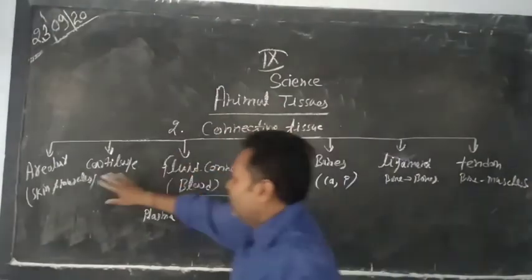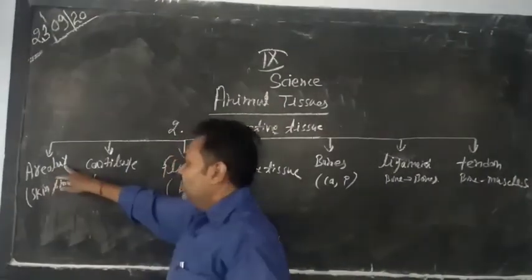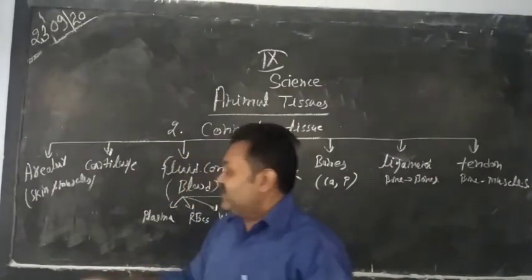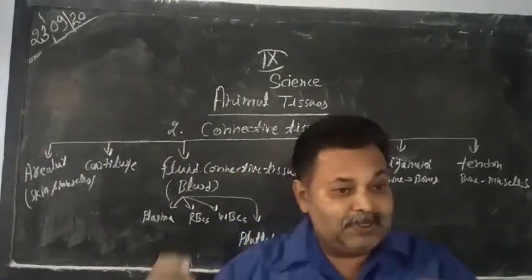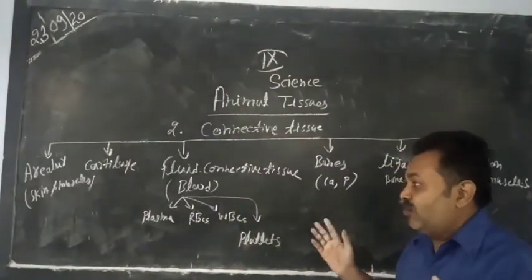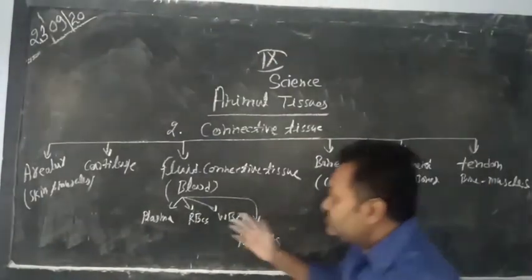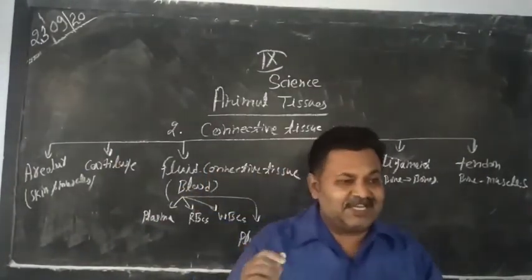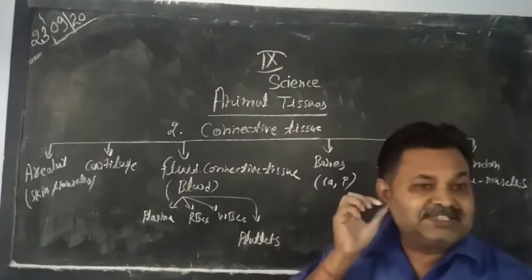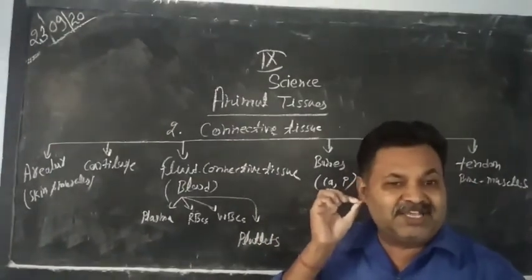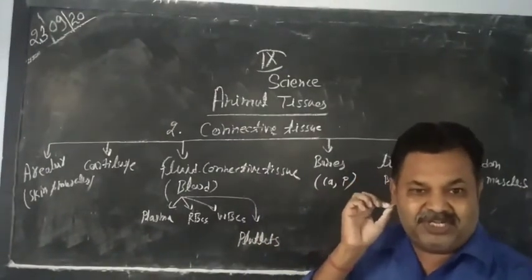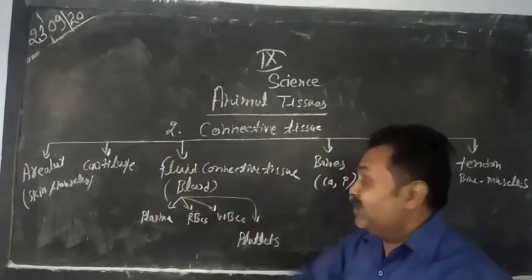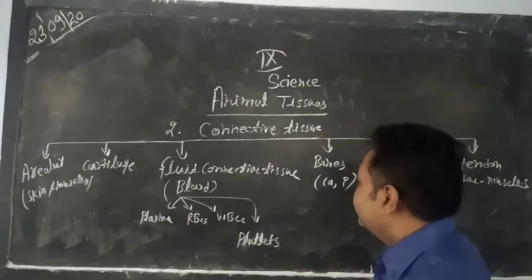First one is areolar connective tissue, found between skin and muscles. Second one is cartilage. Cartilage is the non-bone part, such as the ear pinna and nose tip, which are made up of cartilage connective tissue.